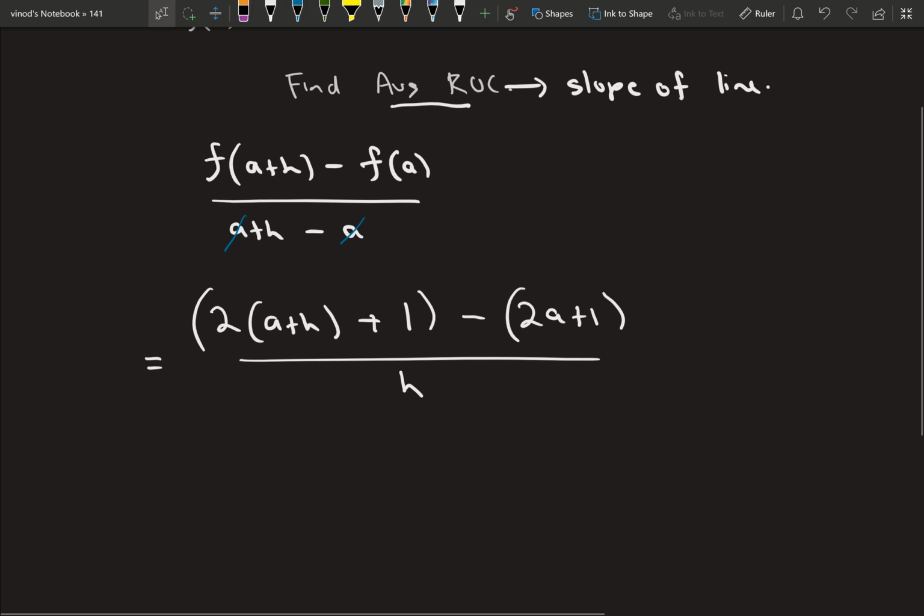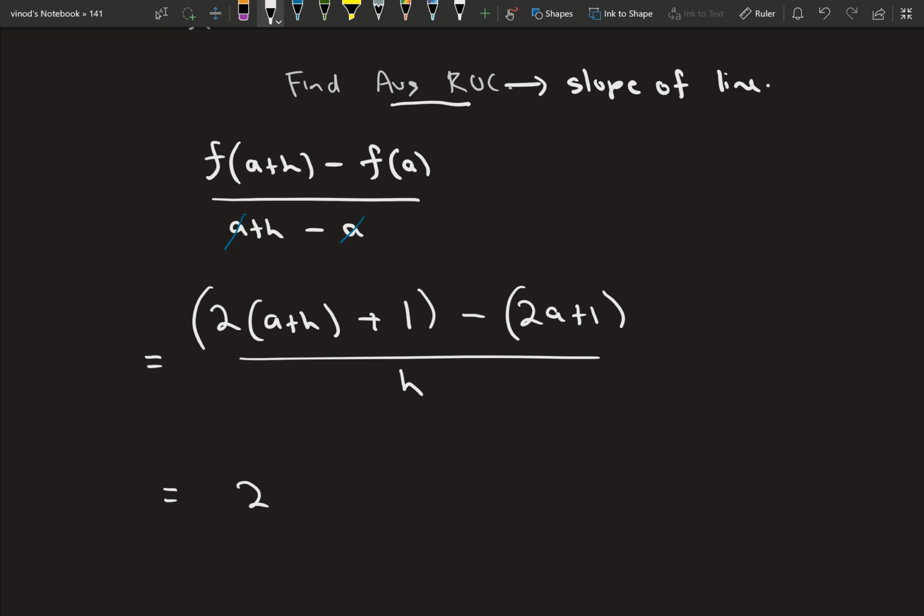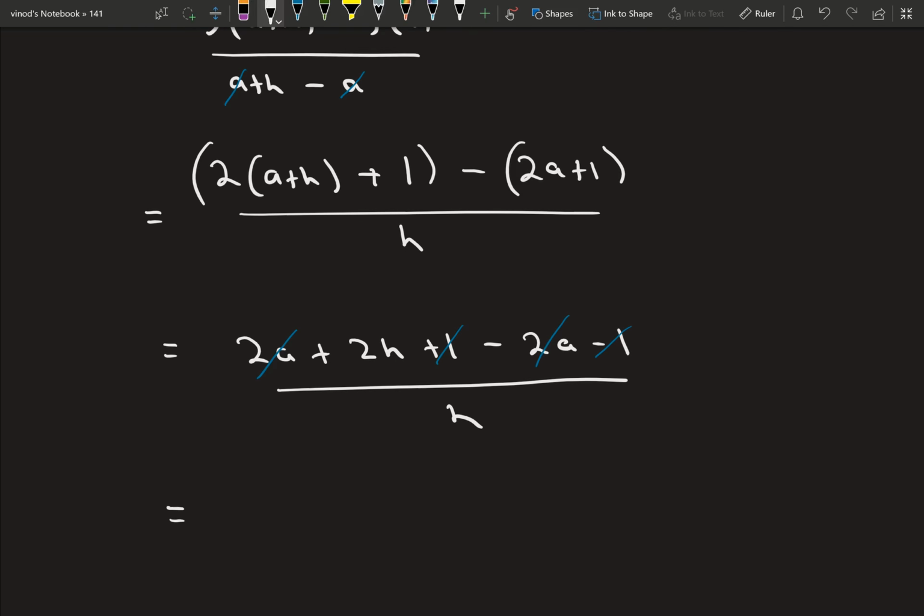So what we get is (2a + 2h + 1 - 2a - 1) all over h. And notice that the 2a cancels with the negative 2a, the 1 with the minus 1, and what we're left with is 2h over h, which is equal to 2.